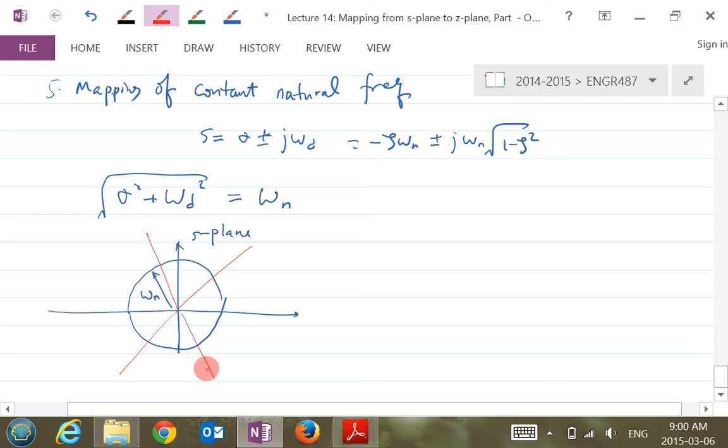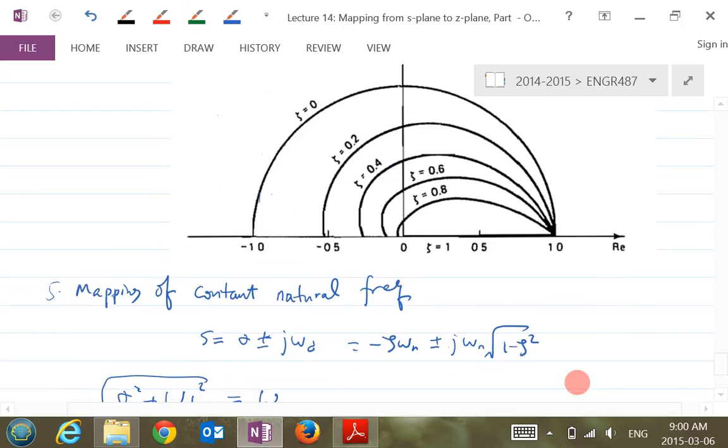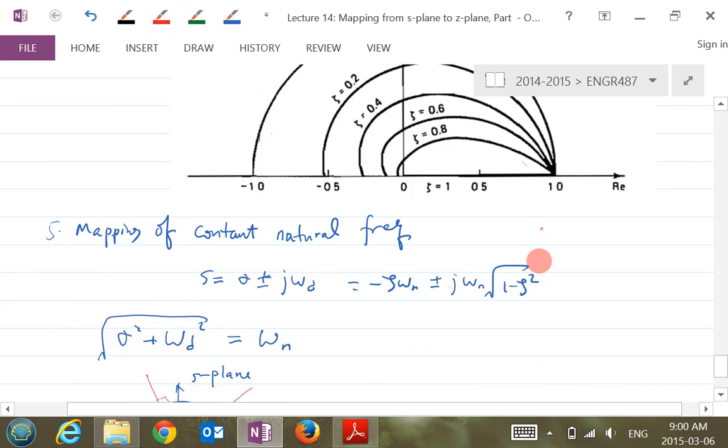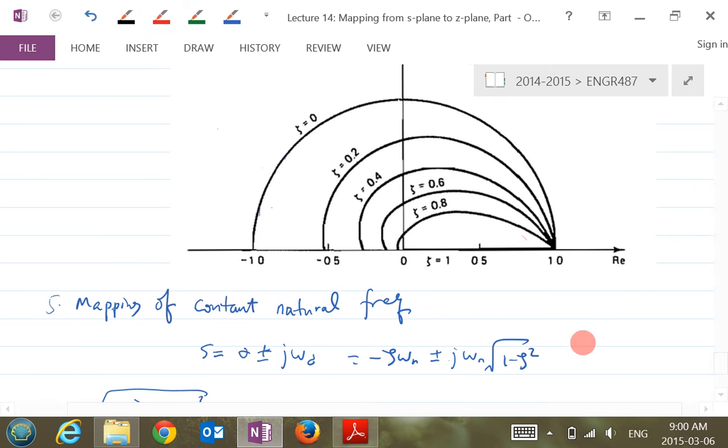What's the relationship between this red and the blue? They're perpendicular. Then after the mapping, the red and the blue should maintain the same relationship. And we know what the red is going to look like after mapping. So the mapped curve for the blue should be perpendicular to each one of these.